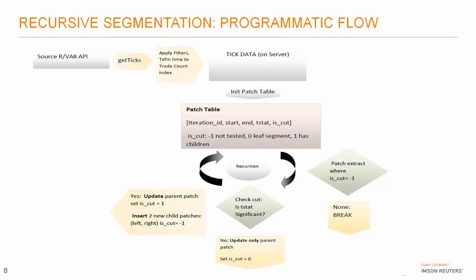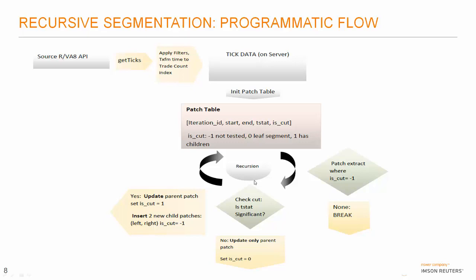left and right segments. And the recursion essentially is a while loop that pulls any patches which need to be tested from the patch table. And remember, we do initiate the patch table, so initially there will be a patch to test, at least coming from the topmost level or layer.